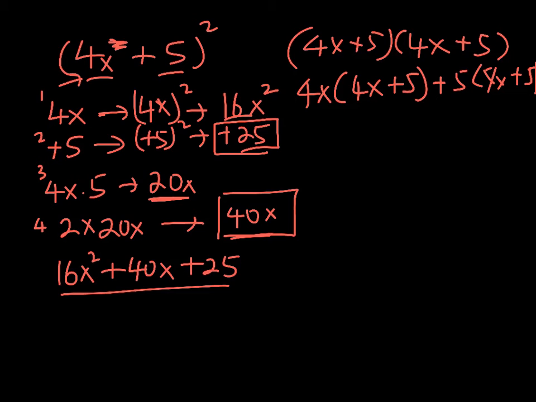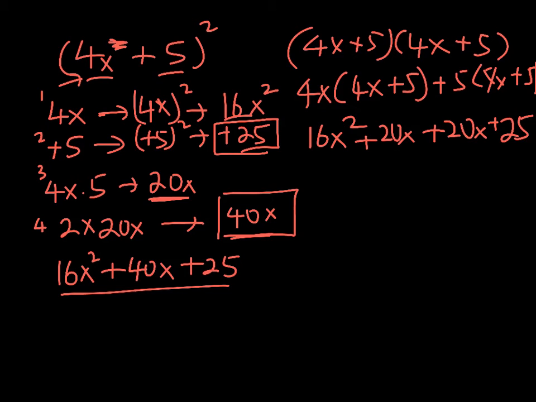So 4x times 4x gives us 16x squared. 4x times 5 gives us plus 20x. 5 times 4x gives us plus another 20x. And then 5 times 5 gives us 25.